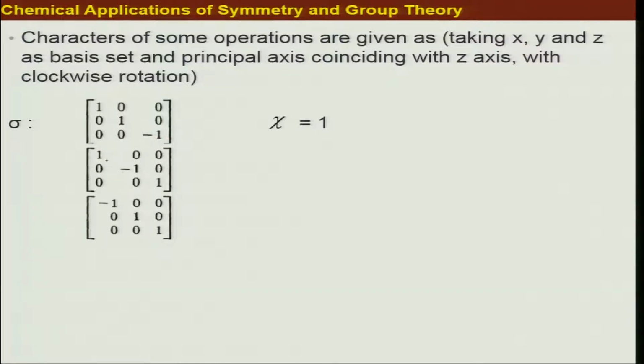Here again 1 minus 1 plus 1 equals 1, and here also minus 1 plus 1 plus 1 equals 1. So, for these three different representations of the three different sigma planes, sigma xy, sigma xz, sigma yz, they have the same characters. This is something which you should note.